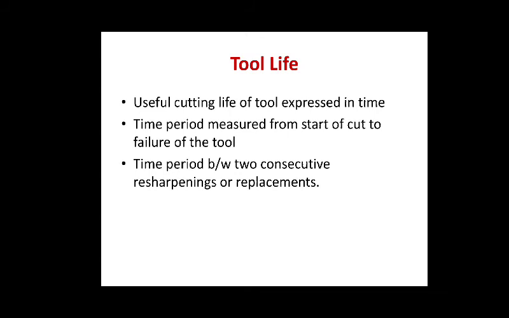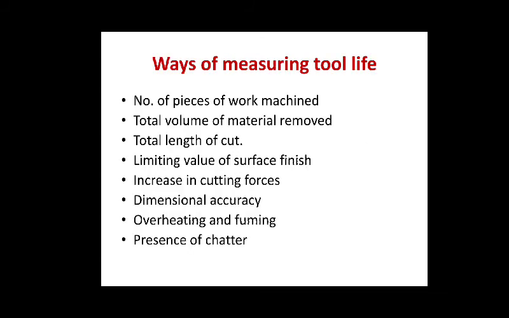Now let us see the ways of measuring tool life: number of pieces of work machined, total volume of material removed, total length of cut, limiting value of surface finish, increase in cutting forces, dimensional accuracy, overheating and fuming, presence of chatter. These are the ways of measuring tool life.